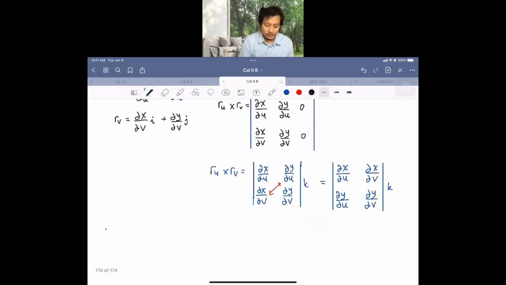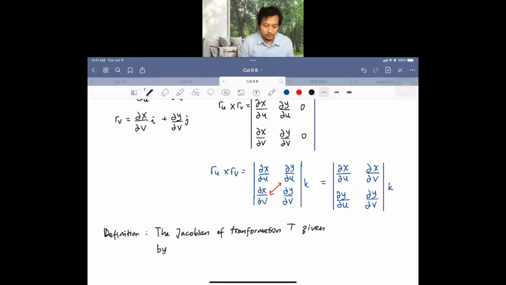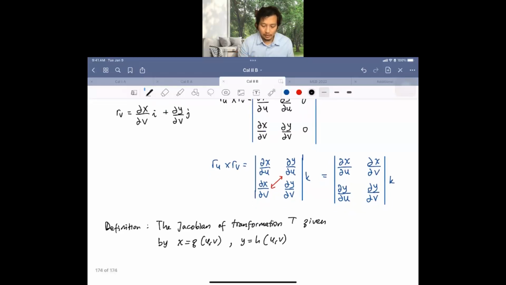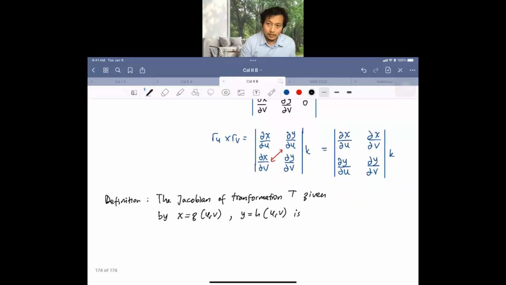Okay, so definitions. From here, the Jacobian of transformations. The Jacobian of transformation T given by x equal g of u and v, and y equal h of u and v, we write the Jacobian as dou (x, y) over dou (u, v).